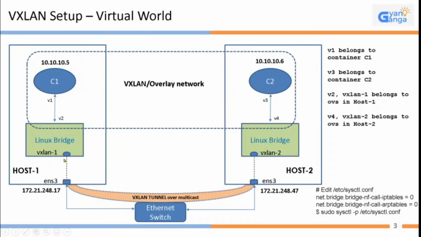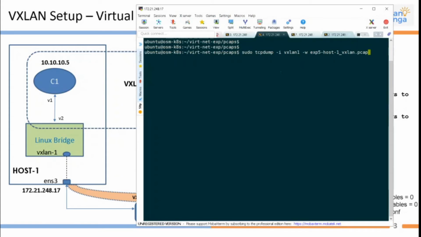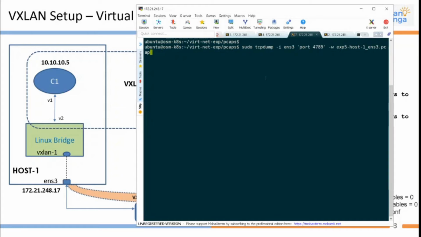One type of traffic we'll capture on VXLAN 1, that is overlay traffic, and we will capture on the host 1 interface the VXLAN tunnel traffic, right? Now we are capturing it on VXLAN 1 on the host 1, and ENS3 on the host 1.